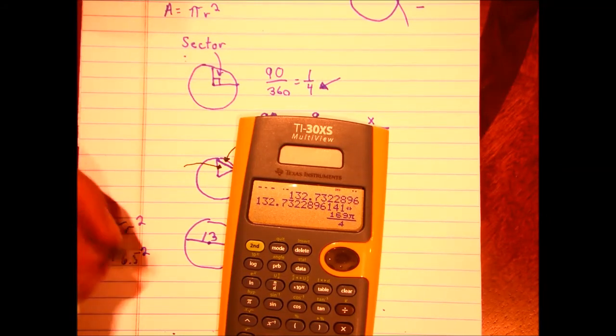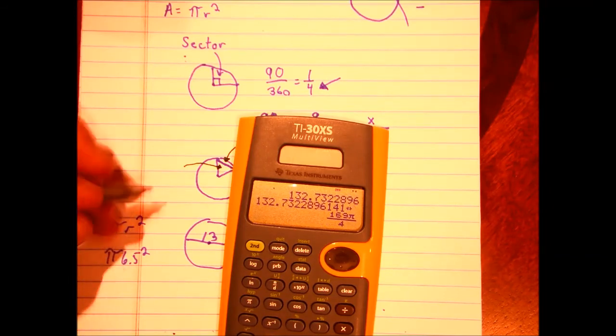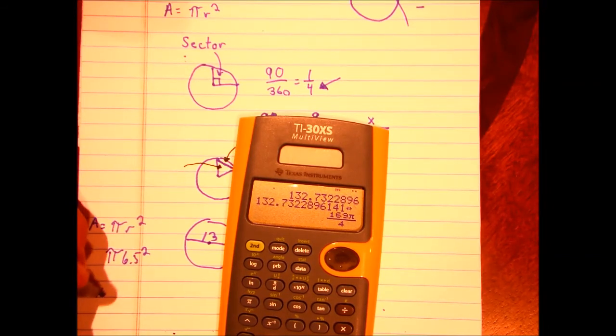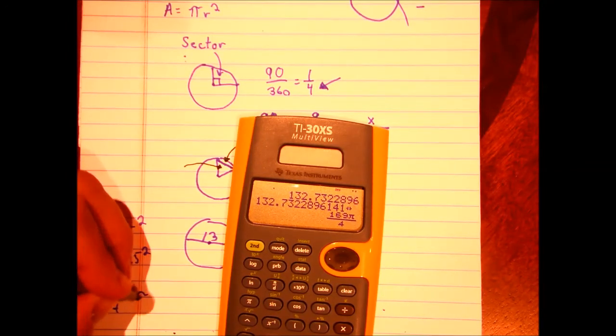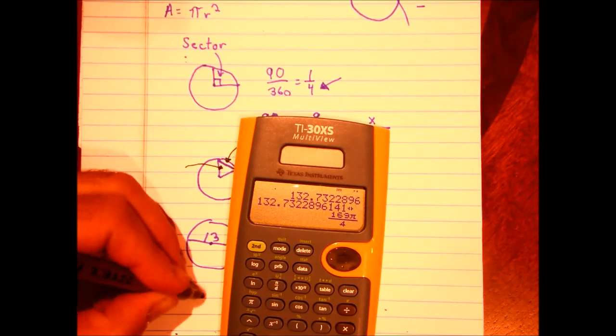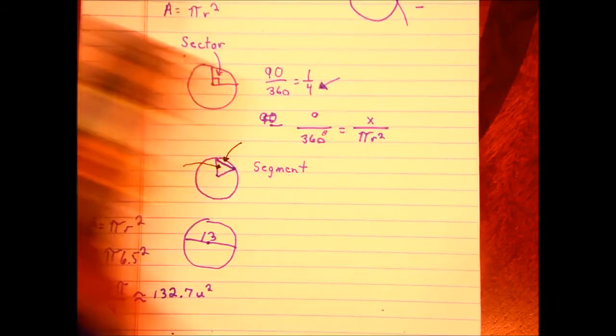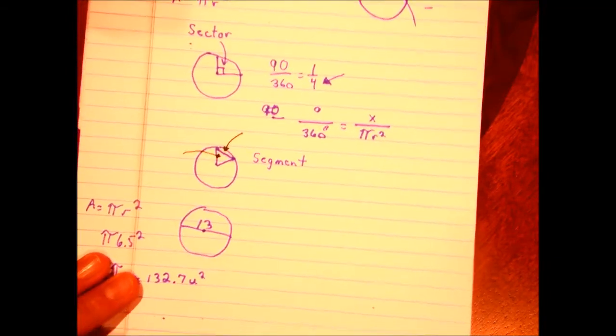So again, you use this, it toggles back and forth between the decimal and pi. So the area is 169 pi over 4, or approximately 132.7 units squared. All right, easy enough. Finding area problems, not too hard.